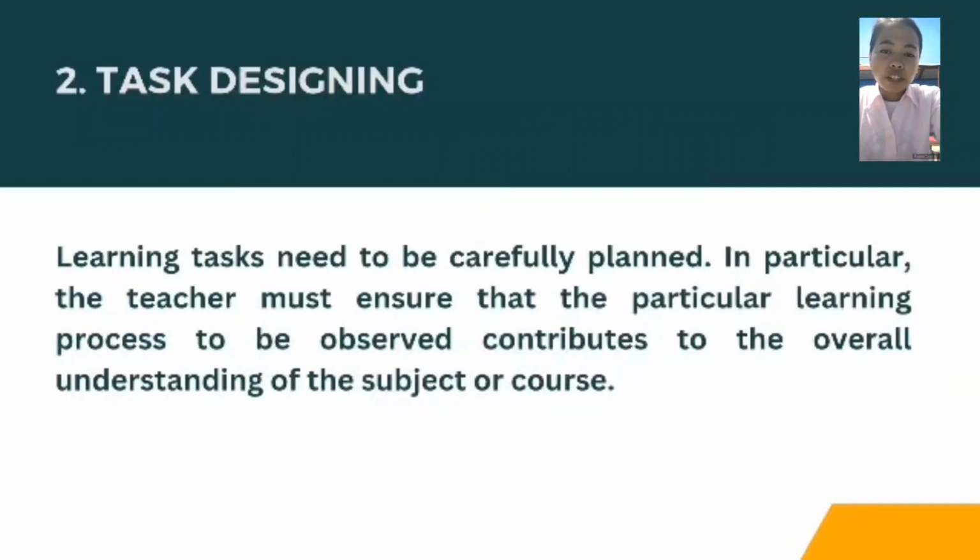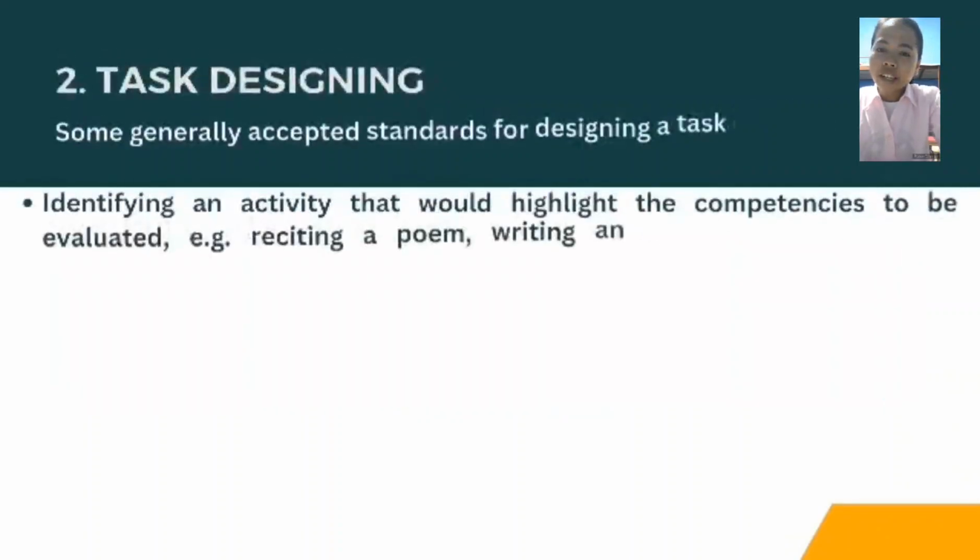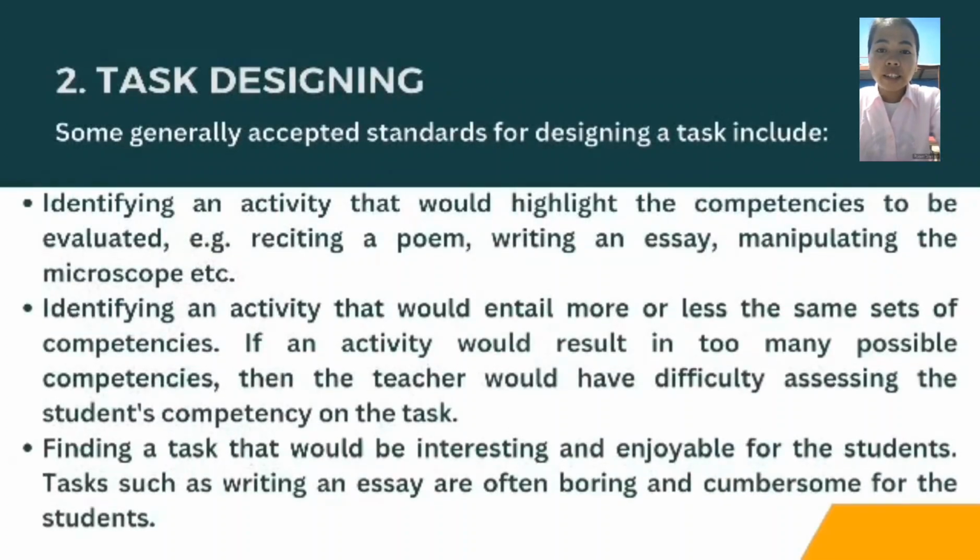There are some generally accepted standards that will help to guide us in designing a task. First, identifying an activity that would highlight the competencies to be evaluated, for example, reciting a poem, writing an essay, manipulating the microscope, and more. Second, identifying an activity that would entail more or less the same sets of competencies.